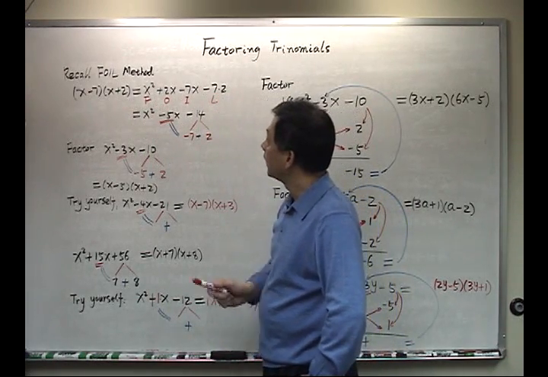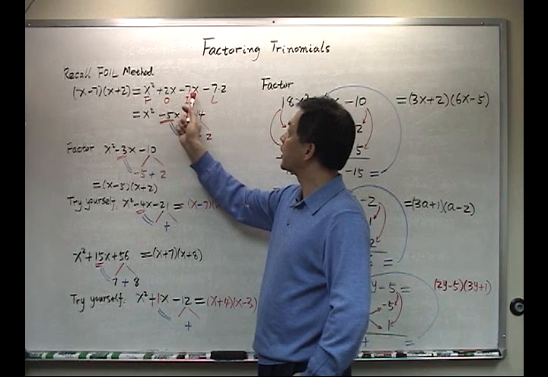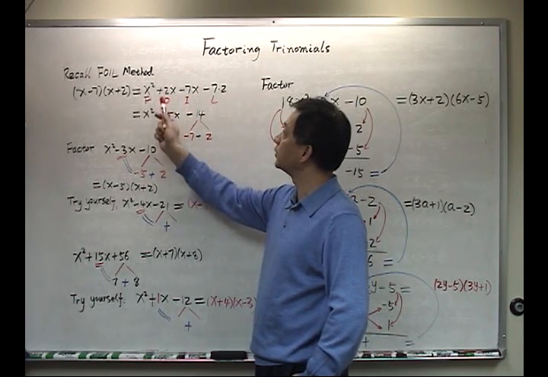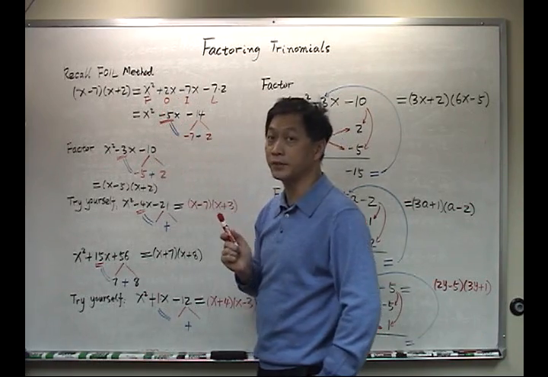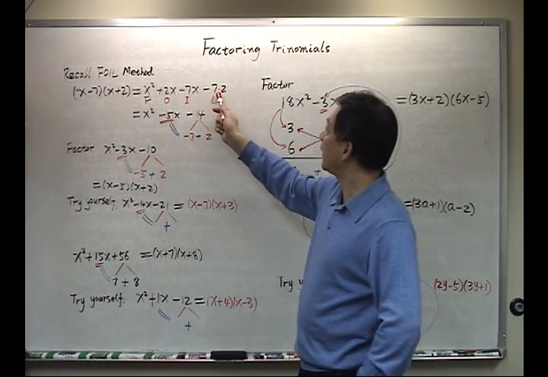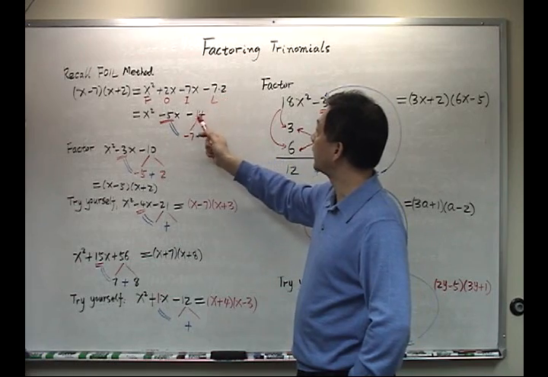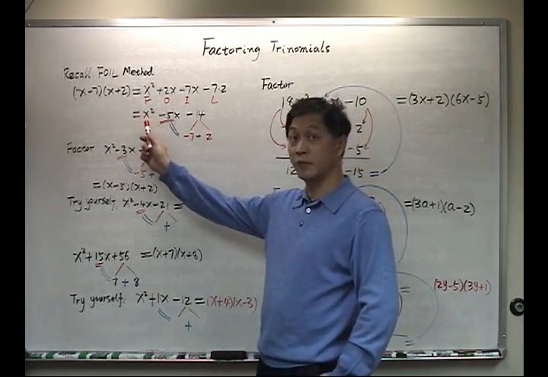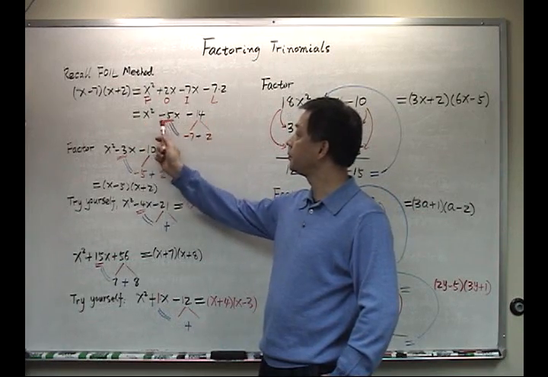Okay? And then you combine the two middle terms. Negative 7 plus positive 2, so you have negative 5. And negative 7 times 2, you have negative 14.